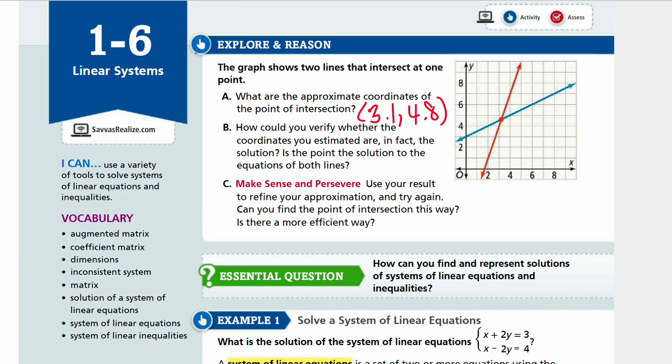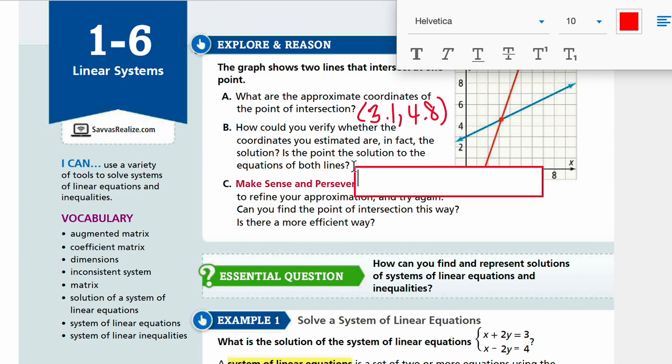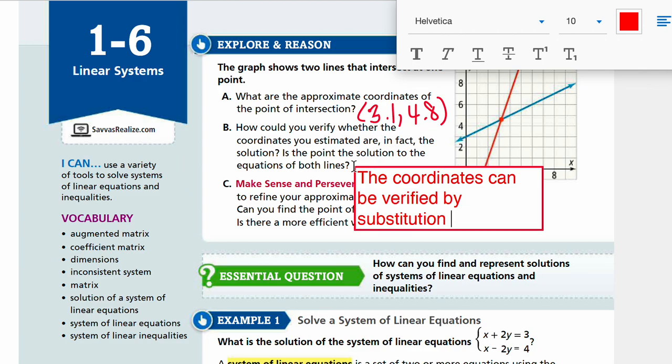So yes, we can say that the coordinates can be verified by substitution into the equation of each line.